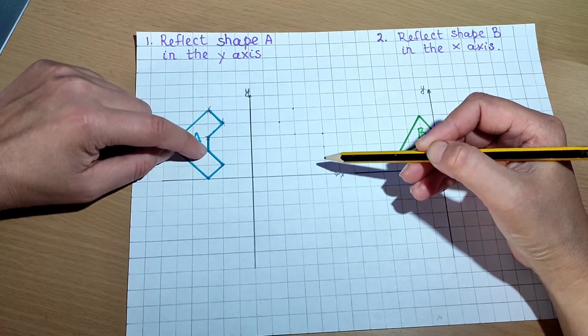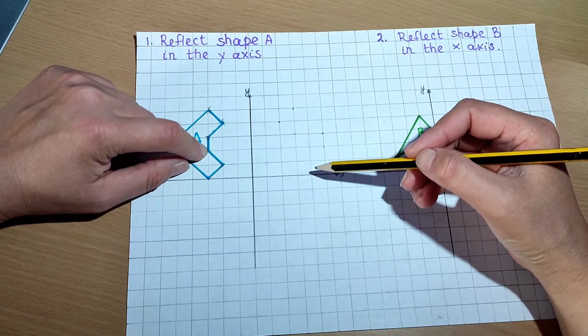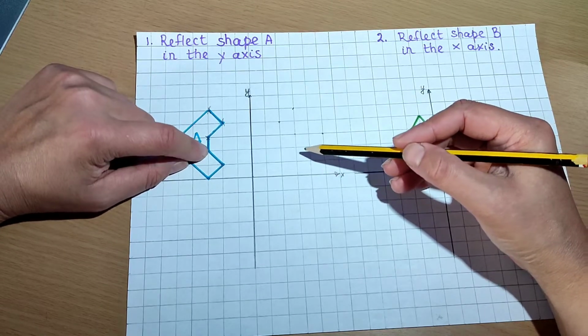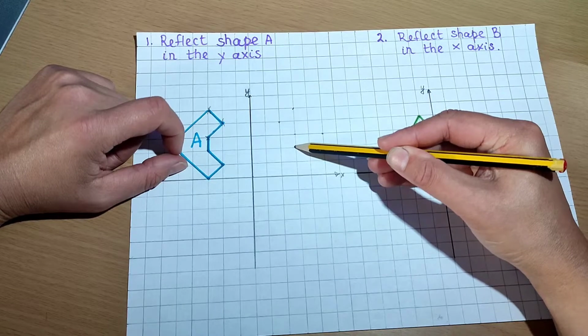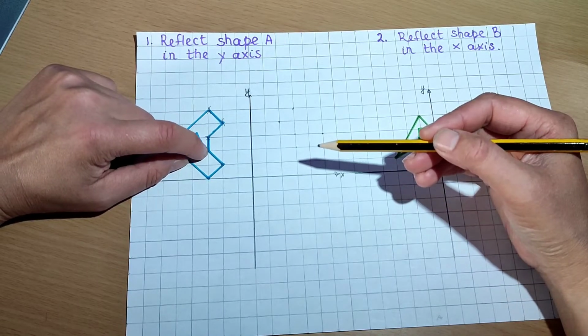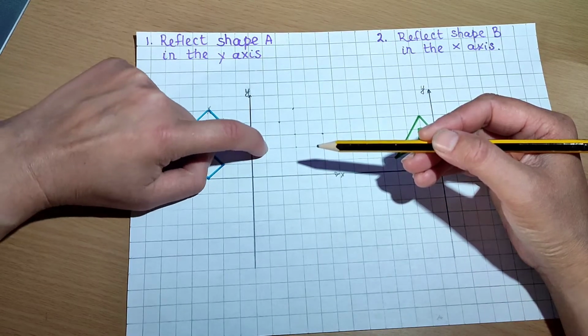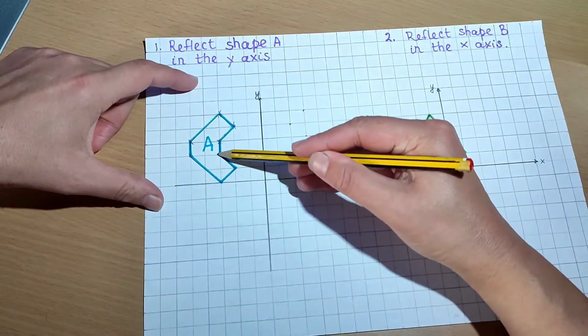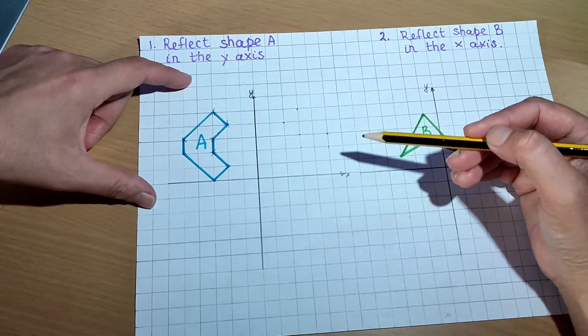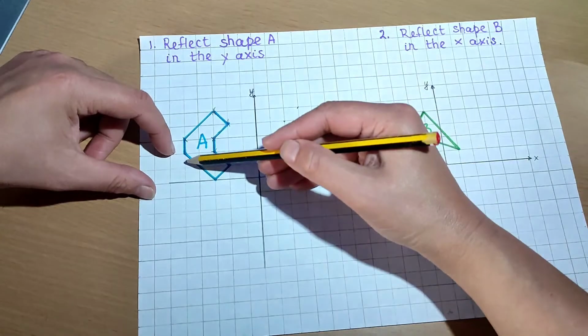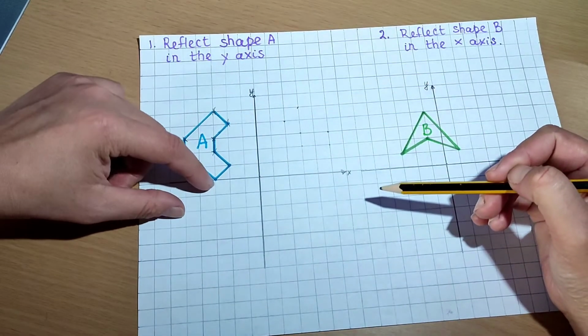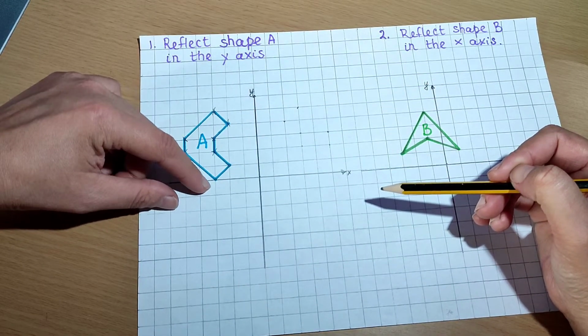Can we quickly plot that one without counting the squares, because we can see it's underneath this one? Yes. Or you can count the squares if you want. Look, 1, 2, 3, 1, 2, 3. We've reflected this point. Now what have we got left? We've got these 2 points to reflect in the mirror.